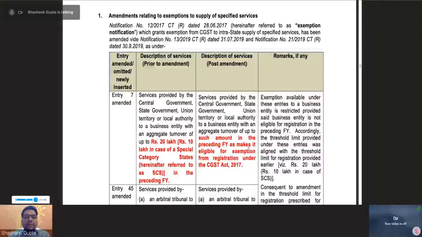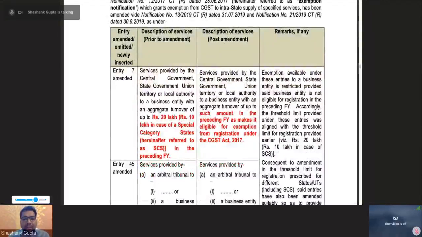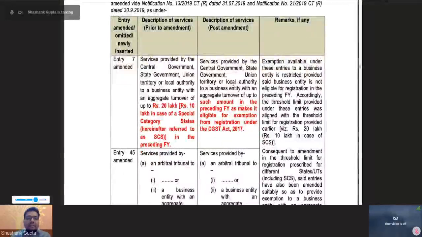So this is the provision which is applicable now, the middle one, the third one from left. Services provided by central government, state government, union territory or local authority to a business entity with an aggregate turnover of up to such amount in the preceding financial year as makes it eligible for exemption from registration under the CGST Act.